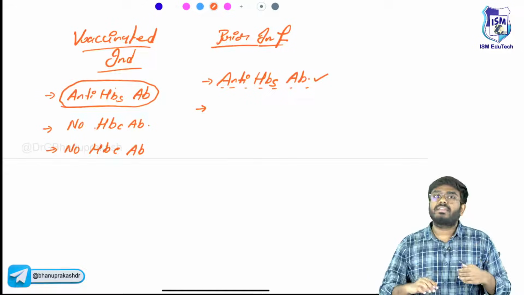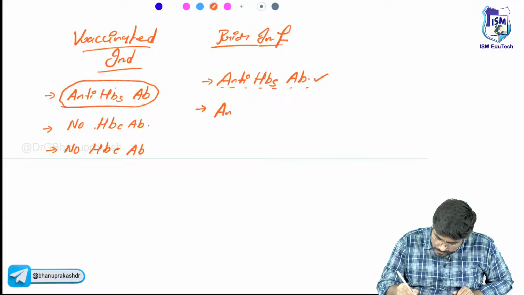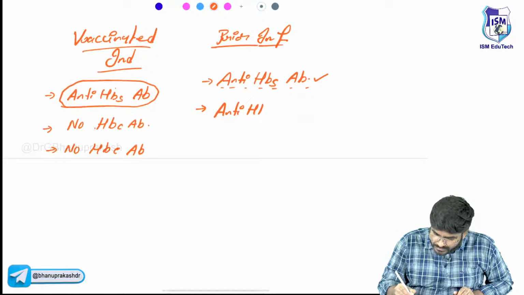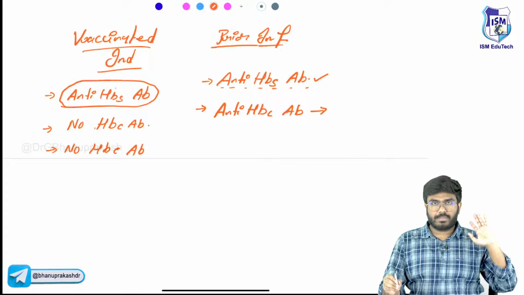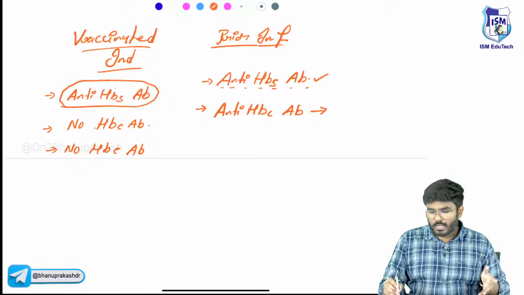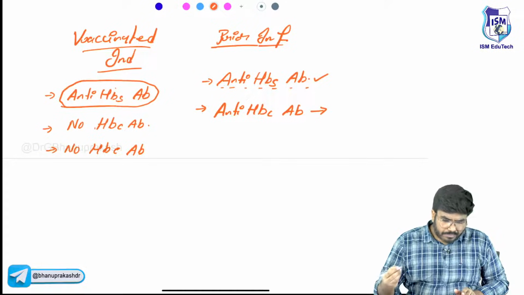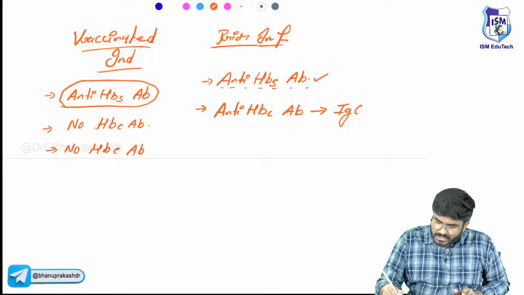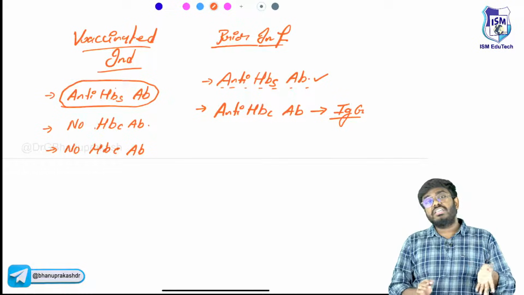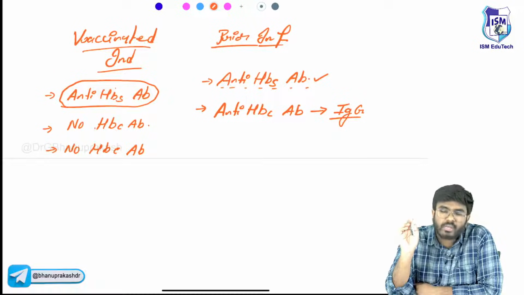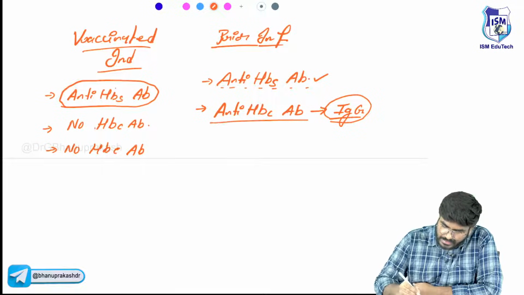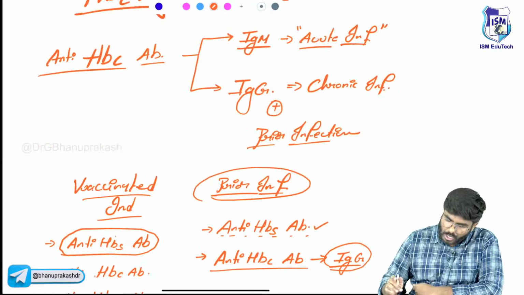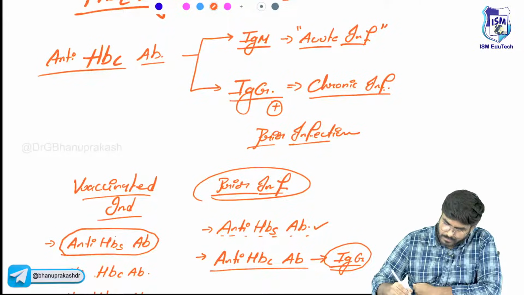As he was infected, he will have anti-hepatitis B core antibody of which type? Long back the infection came, so the antibodies can be IgG type. The presence of IgG antibodies indicates either a prior infection or a chronic infection.